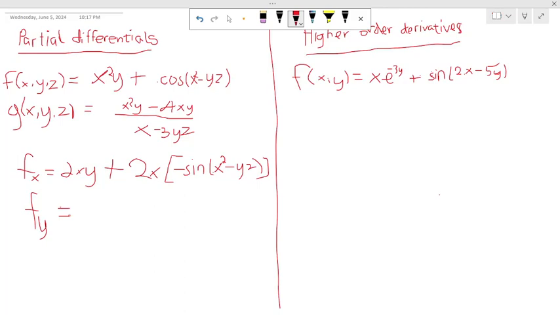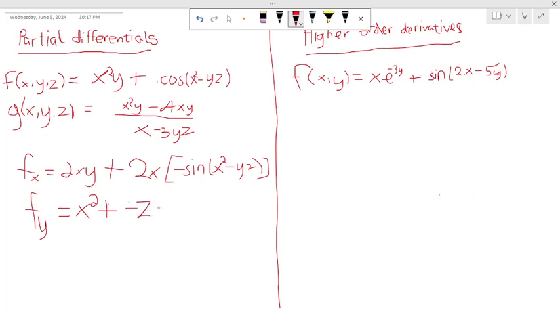Differentiating y, you get 1, so the derivative of the first term is going to be x squared plus the derivative of the expression in the cos function, that's x squared minus yz. Differentiating x squared with respect to y gives us 0 because there is no y variable there, and differentiating yz with respect to y will give us negative z.